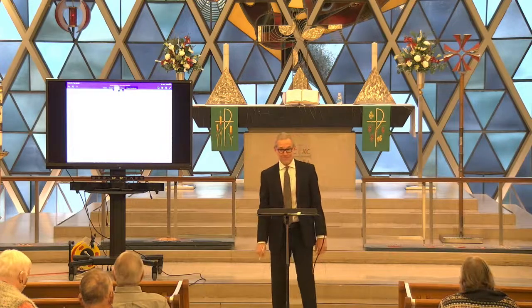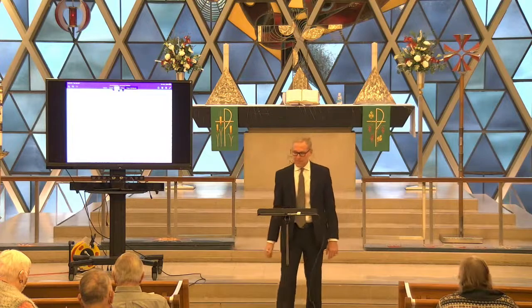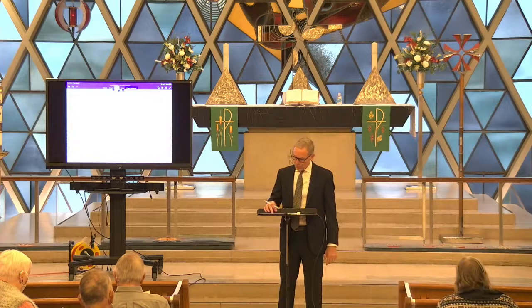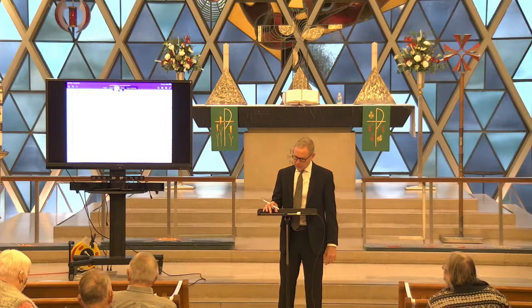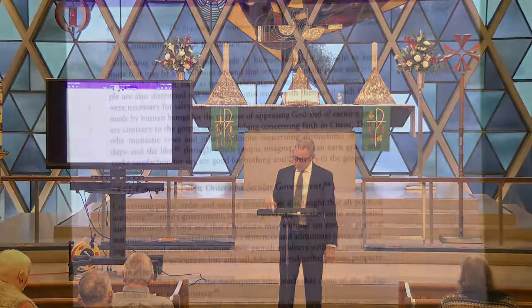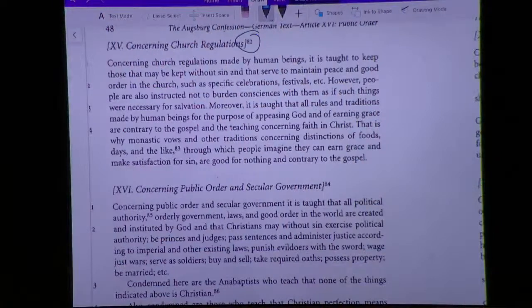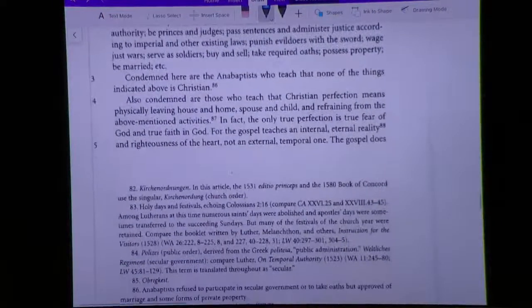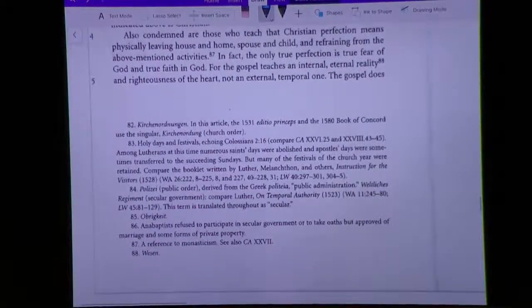Article 15, Augsburg Confession. If you've got your Book of Concord in front of you, crack it open and we're moving forward. Concerning church regulations, and there's a little teeny footnote here, 82. Footnote 82 is real simple. It just gives you the German Kirchenordnung.